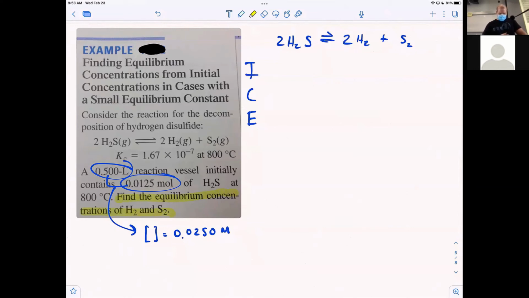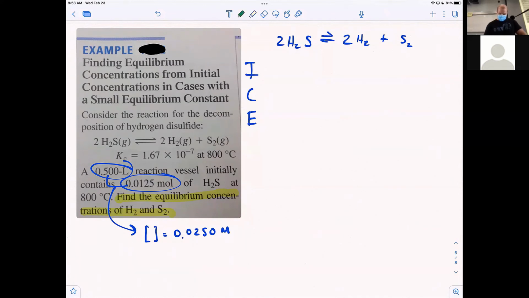So the initial concentration of the reactant is just double the value because it's a half liter. Moles per liter: 0.0125 divided by 0.5 liters is 0.025 molar.